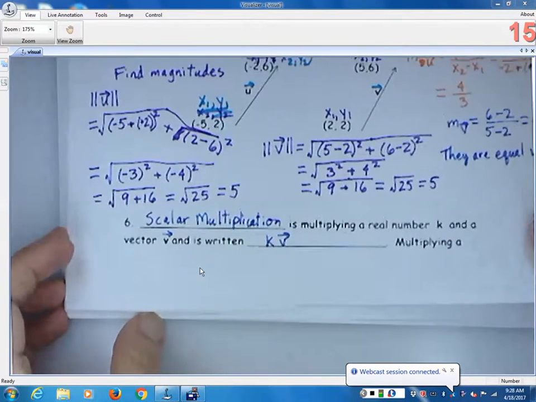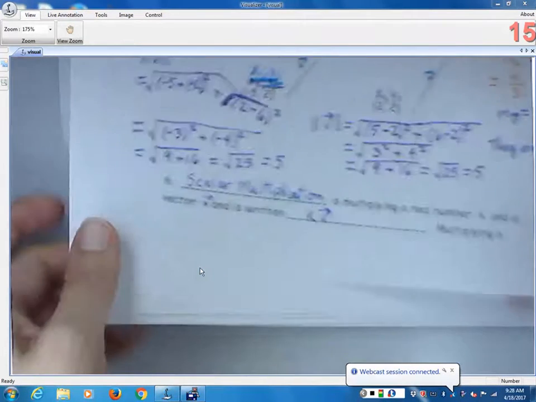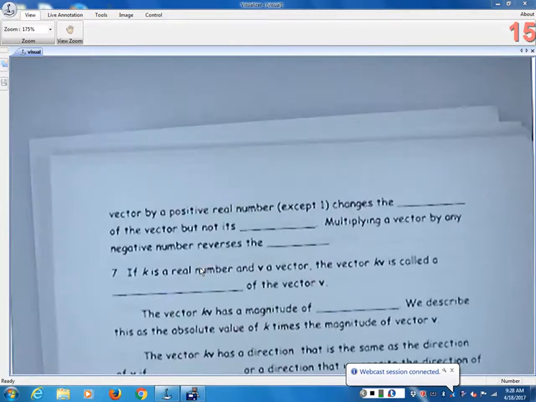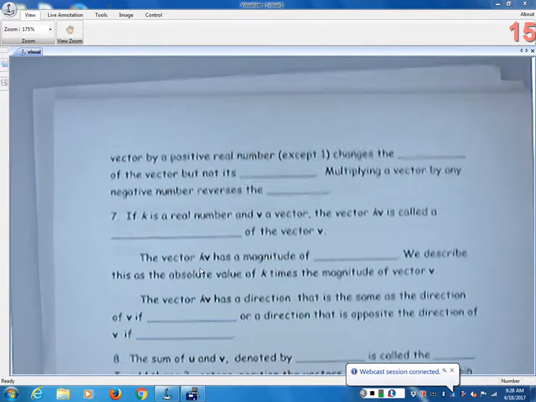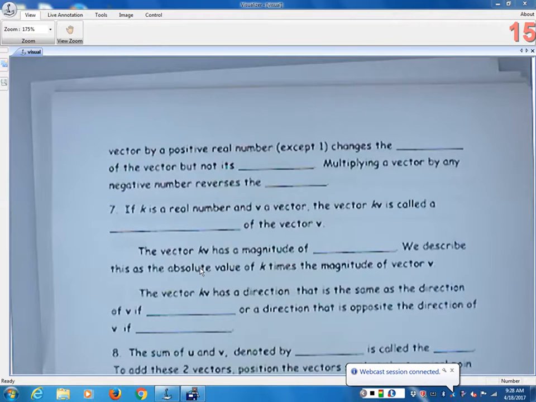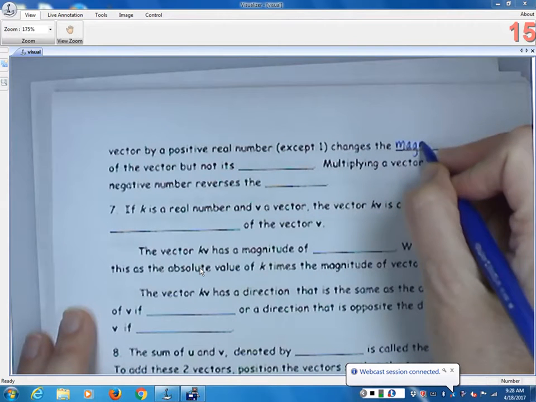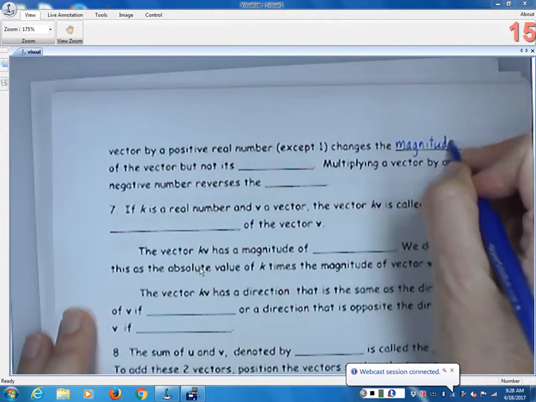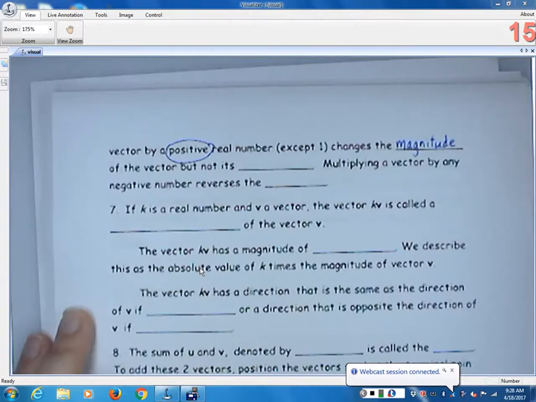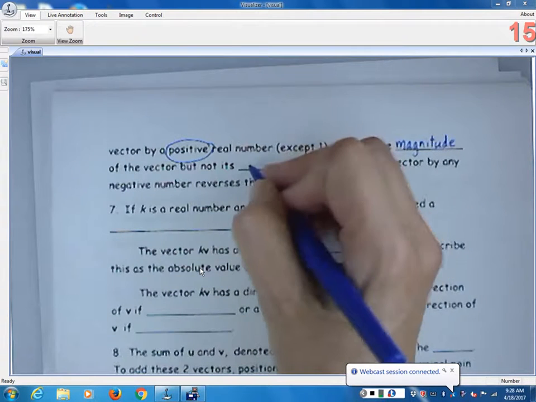Multiplying a vector by a positive real number, except one, changes the magnitude of the vector, but not its direction.